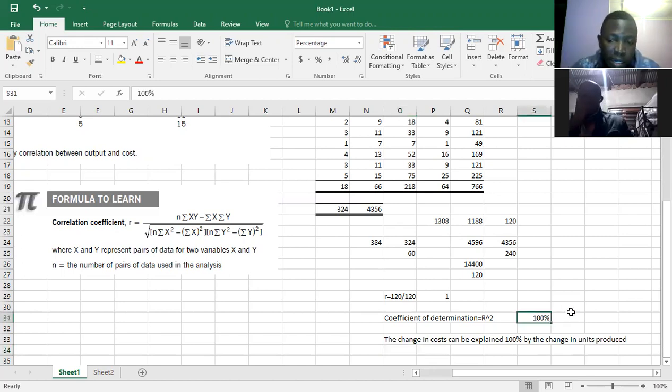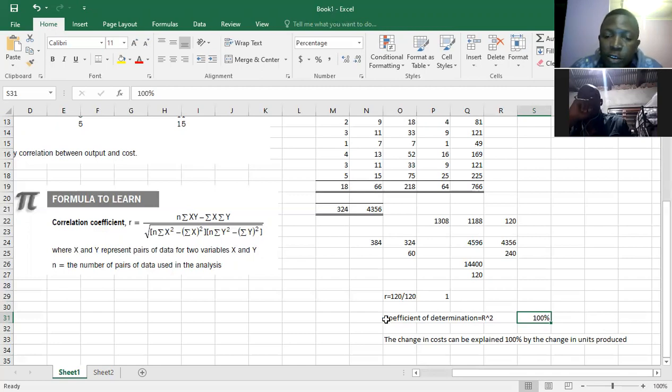So in this case, it's 100%. It means there's no other reason that we need to investigate why costs change. It is strictly because of the units produced. So in short, the change in cost is determined by the units produced 100% of the time.